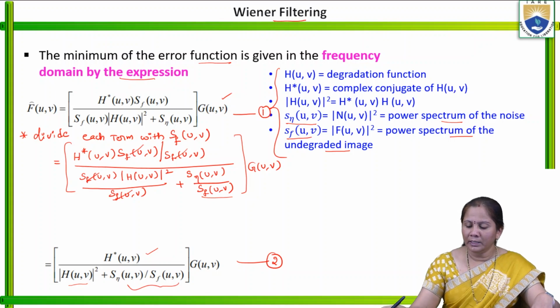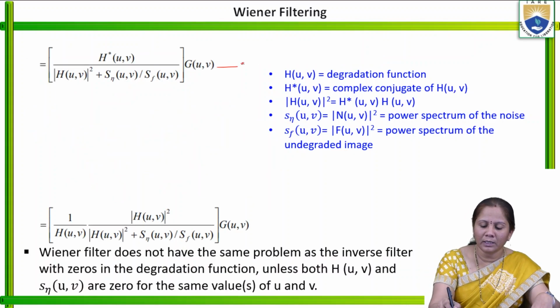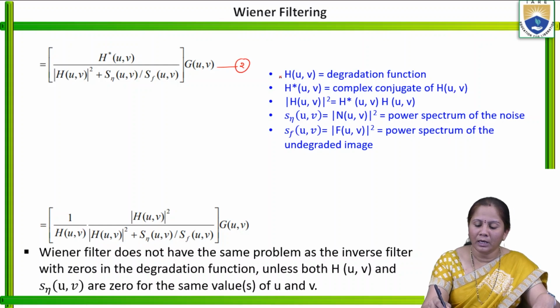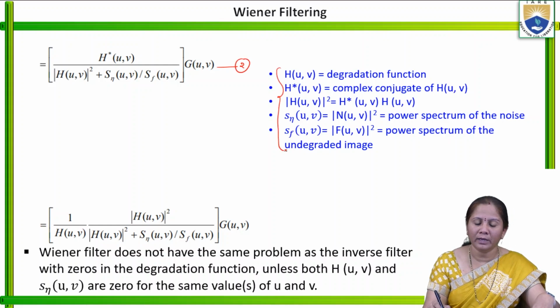Now, considering equation 2, h star of u comma v is the complex conjugate of h of u comma v. We can substitute this h star of u comma v as mod h of u comma v whole square by h of u comma v.